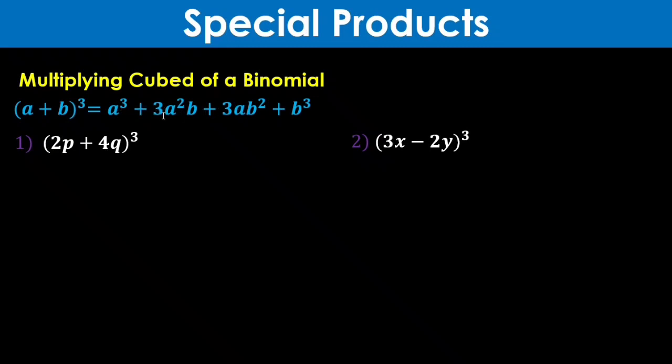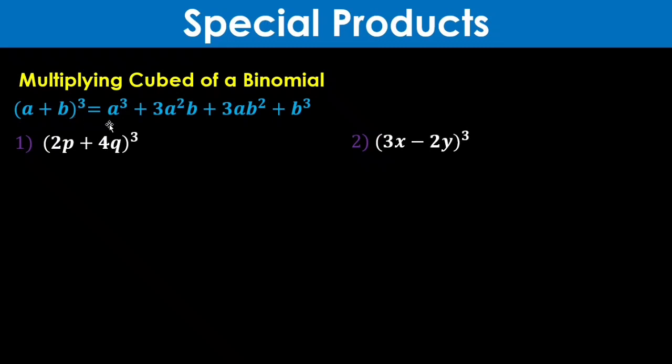Plus 3, then look at our a: it starts from a cubed, then goes down to a squared, and then the next term is a to the 1, and then it's gone because it's now a to the 0 here. And our b here is b to the 0, which is 1, so you don't see the b here. And then b to the 1, b to the 2, and b to the 3rd.